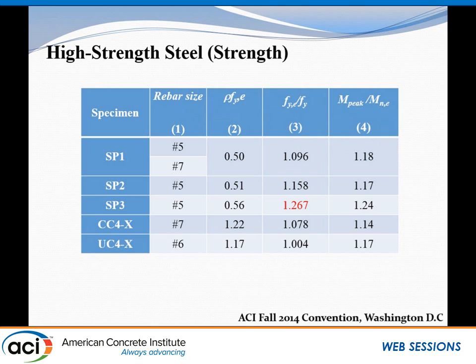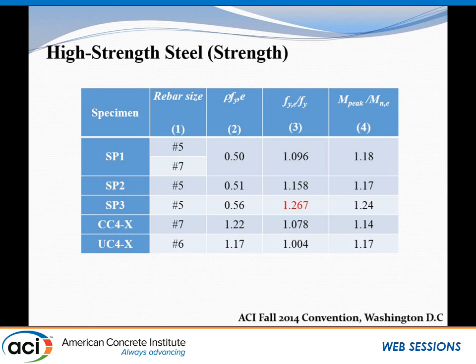It seems that the experimental result over the predicted result for all test specimens is within 25%. So that indicates that the current code equivalent stress block and the assumption of perfectly elastic perfectly plastic steel property for high strength steel is appropriate for the strength evaluation.